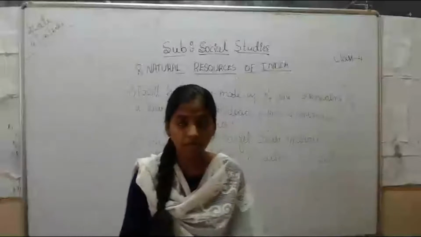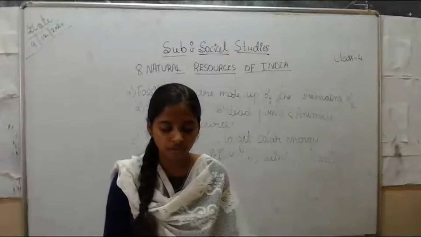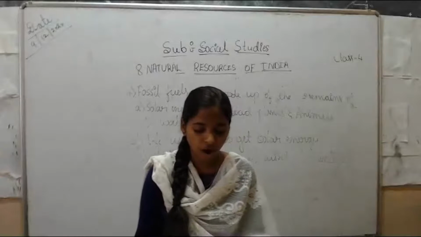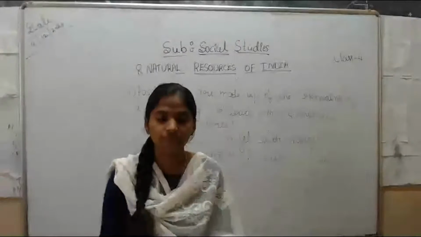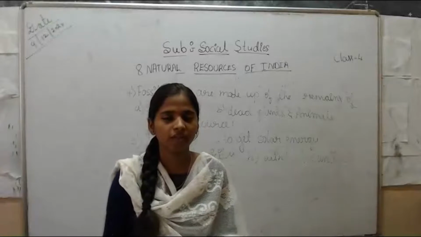Take out your page number 60, as there is a Think column. You should think and answer: how would your life be affected if there were no more coal and petroleum in the world?